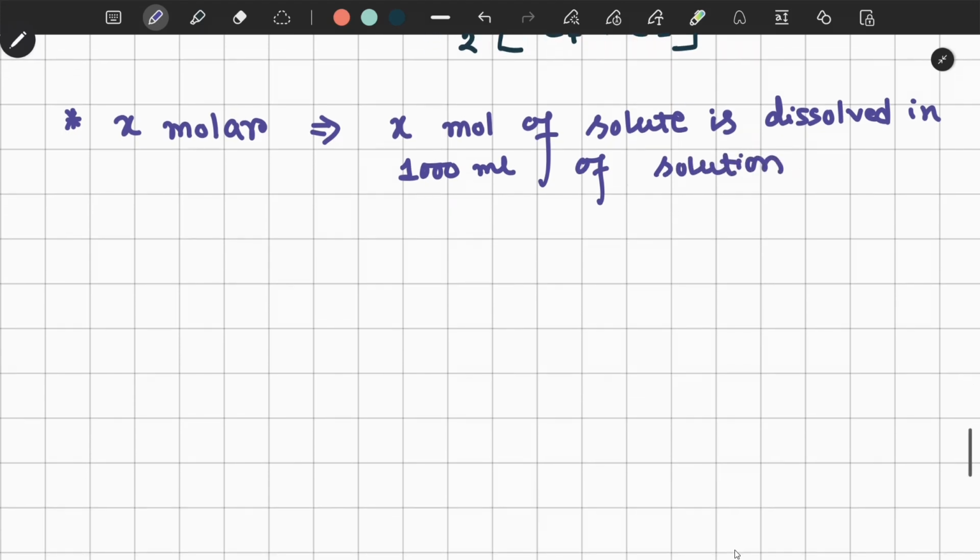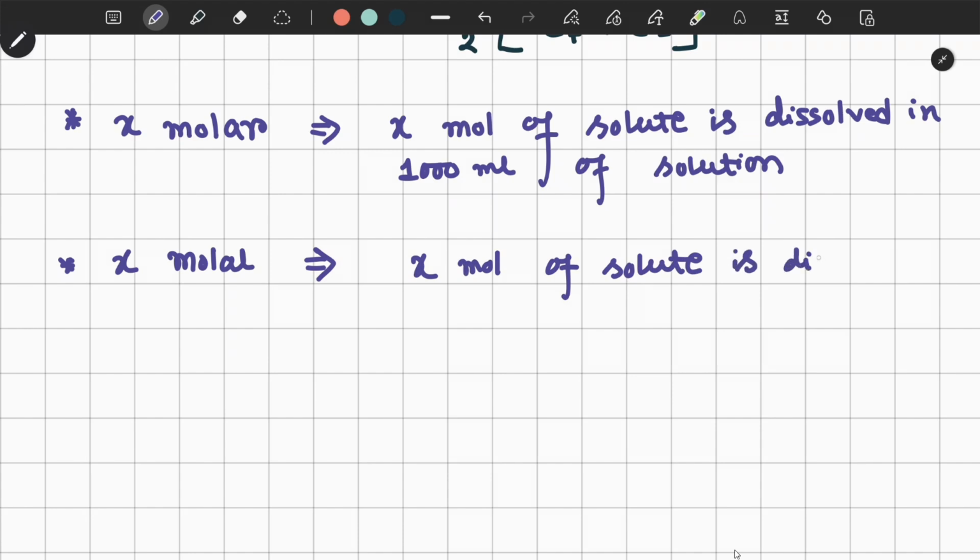And when we say X molal, that means X mole of solute is dissolved in 1000 gram of solvent.